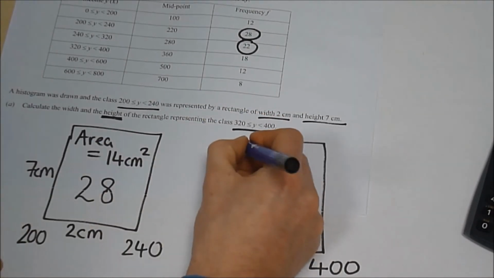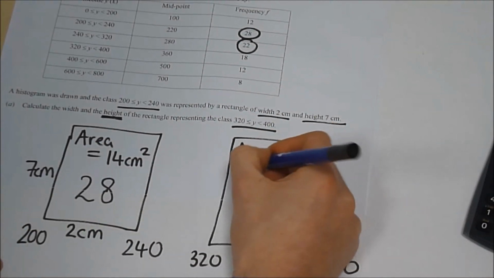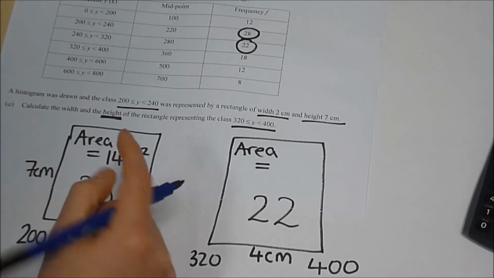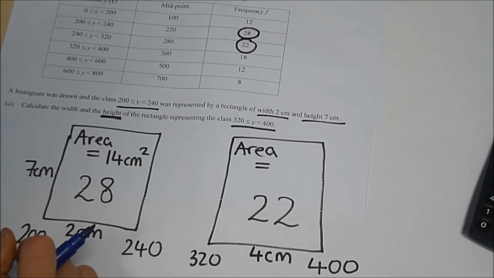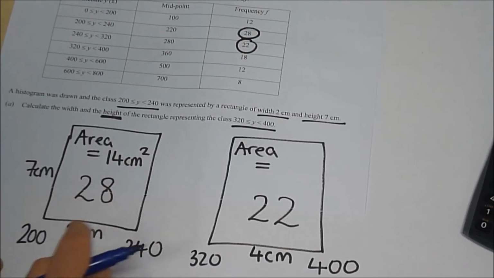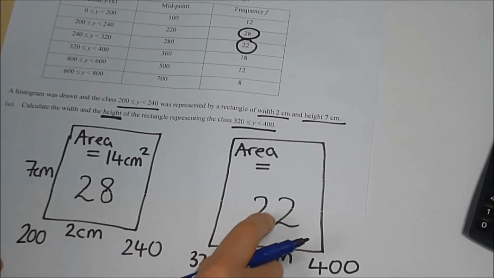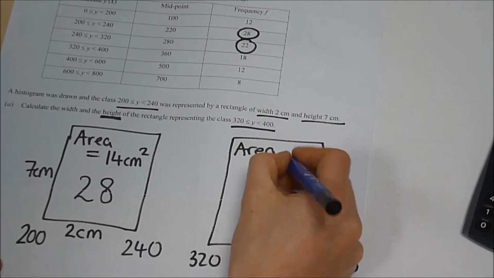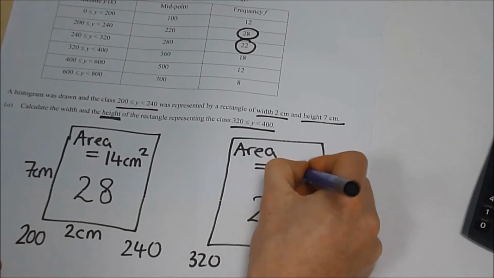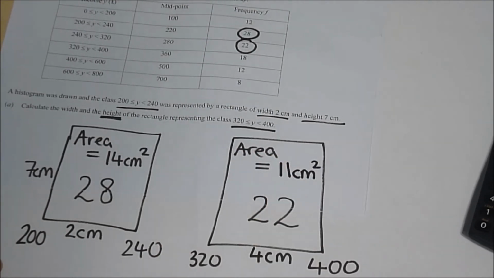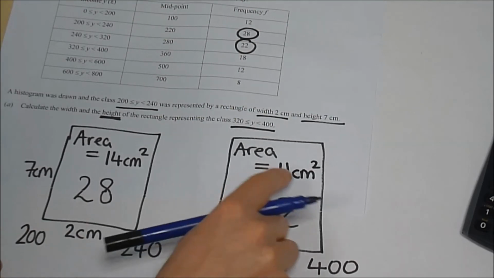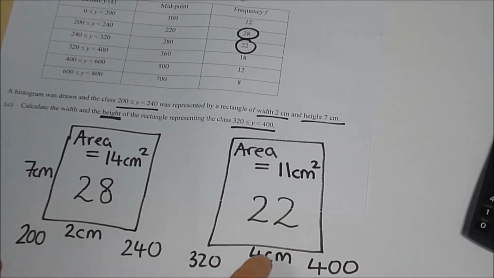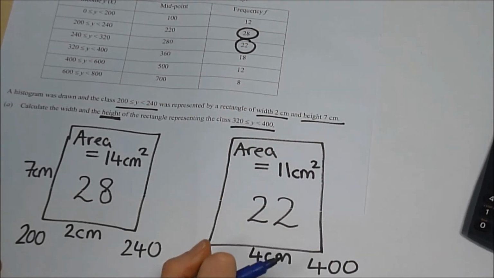And so we can work backwards to find the area. Remember that area is proportional to the frequency. So if 14 centimetres squared was a frequency of 28, then a frequency of 22 must have come from an area of 11 centimetres squared. Right, well if we've got the area of the bar and we've got the width of the bar, 4 centimetres, we can work backwards to find the height.